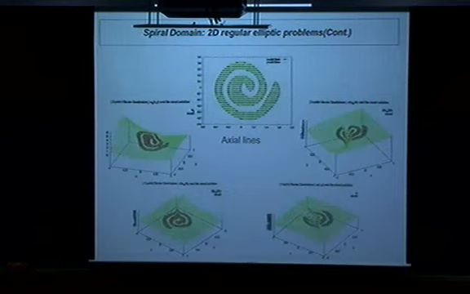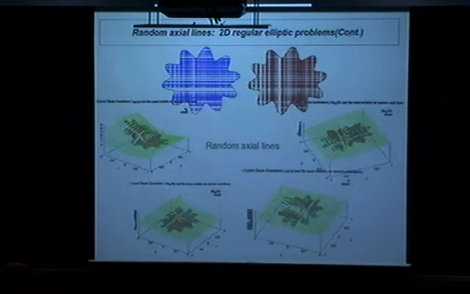Okay, this is a spiral domain. Even randomly distributed axial lines work in our case. So our method is very stable in general.